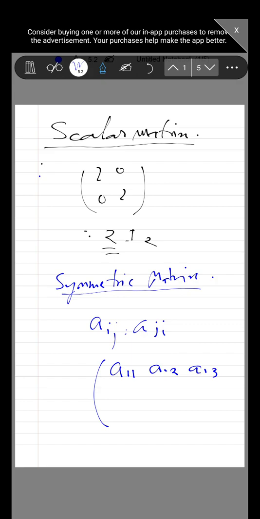So this should be A21. So since A12 is equal to A21, these two are equal.